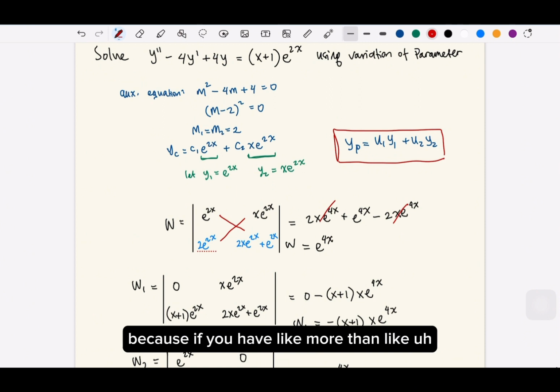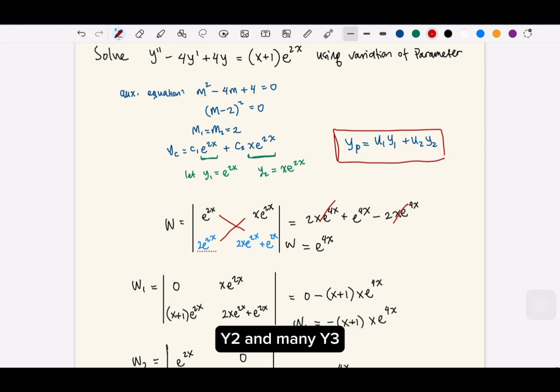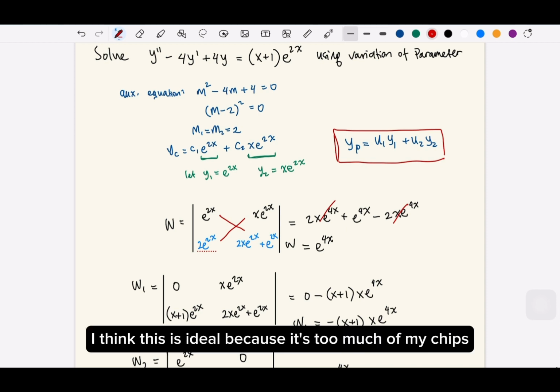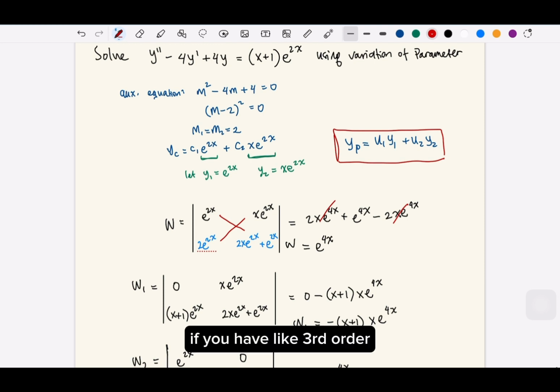Because if you have a third order or fourth order, y1, y2, and maybe y3, the matrix is not 2 by 2, maybe 3 by 3, and it's more complicated, right? So I don't think that is the best way to solve it. If you see it's second order, I think this is ideal. Okay, because it's a 2 by 2 matrix, not too complicated. If you have third order, fourth order, you have maybe 3 by 3 or 4 by 4, and I think that in matrix is not really easy to solve.